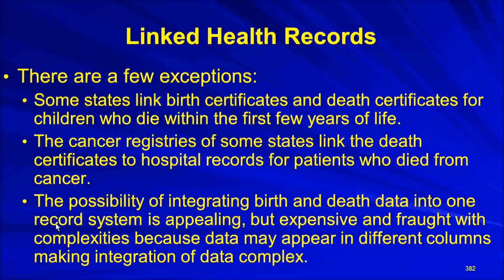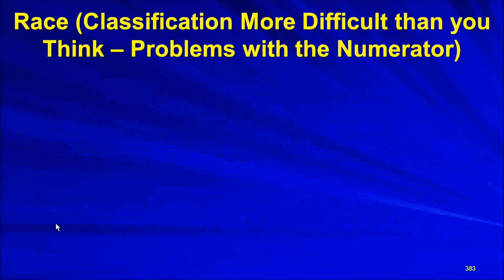Every state has a different form for a death certificate, and oftentimes the fields are not the same in which you record data. So to try and do a comparison means that the data have to be all organized consistently, and so you have the same variables in the same columns. Otherwise, you've just got a mess. And so that's one of the things that makes this kind of data expensive to collect, but very appealing and very important.